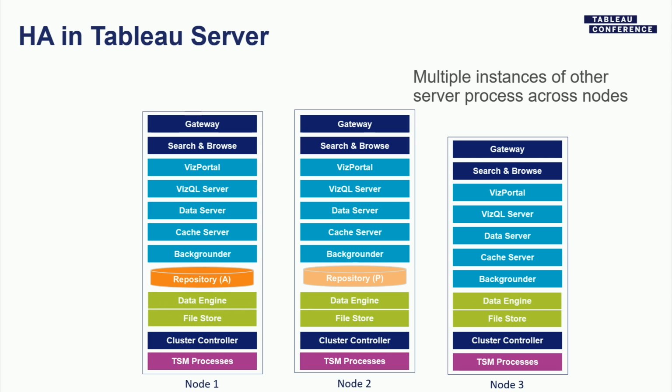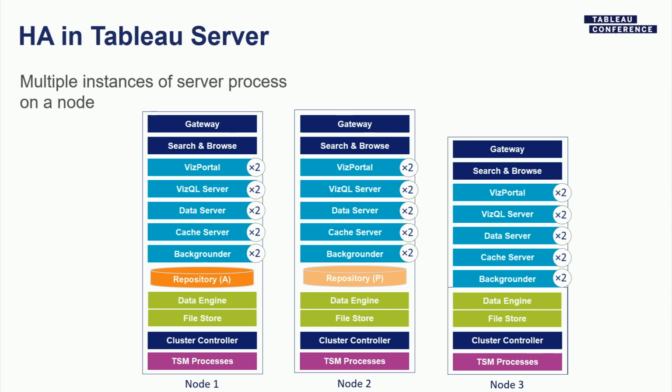For the light blue processes that I've highlighted there, you can actually configure multiple instances of those processes even within a node. And that gives you even more high availability. So if you lose a single process on a node, you still have some redundancy even within the node. So this is starting to look like a pretty highly available installation of Tableau Server.